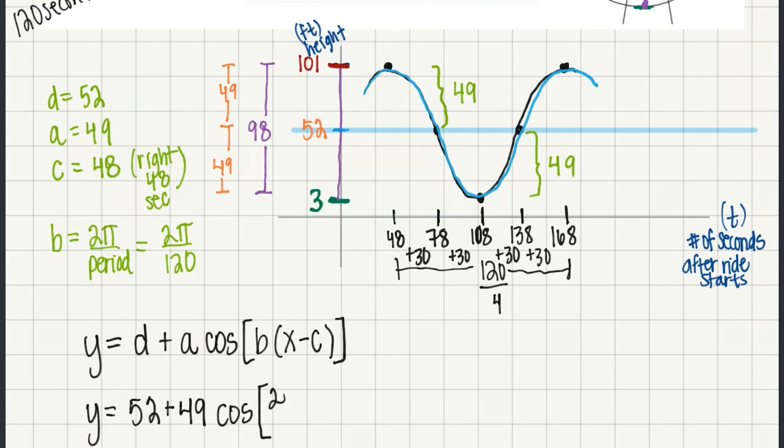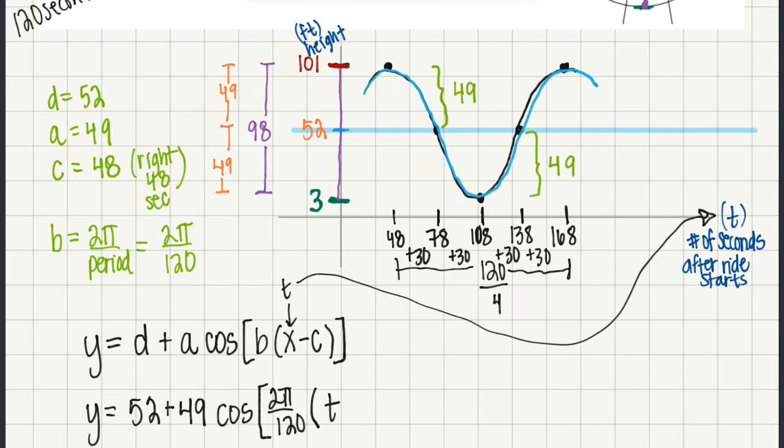The B value is 2 pi over 120 times the quantity. I'm going to make this value T for time because I used a T over here. So I just want to stay consistent. T minus, and our C value is 48. And that's the function for the Ferris wheel.